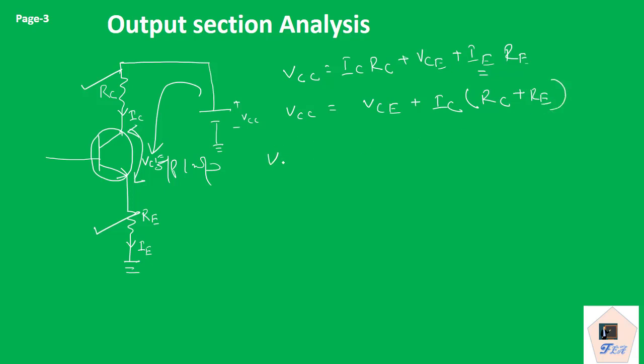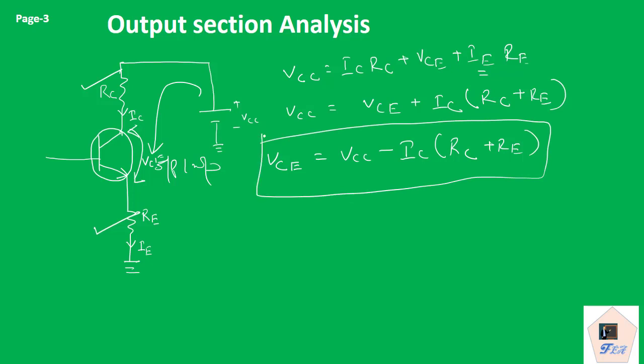So from here, input and output relation we can draw as VCE equal to VCC minus IC into RC plus RE. So this is the output equation for the self bias technique.